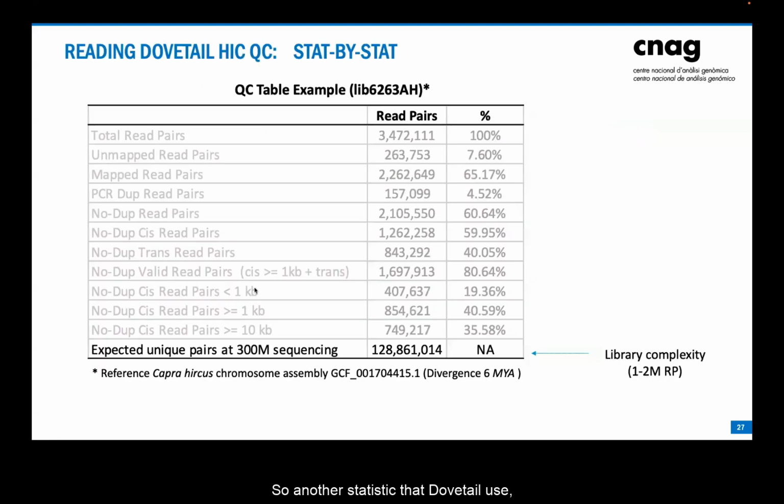So another statistic that Dr. used, but I realized that we haven't been using, is the library complexity. I didn't pay much attention to it because I normally use all the reads I have for the shallow sequencing. What I should be using is 1.5 million reads or something like that, to be more precise. Library complexity is, in my own words, the variety of fragments from different parts of the genome that is contained in your library.